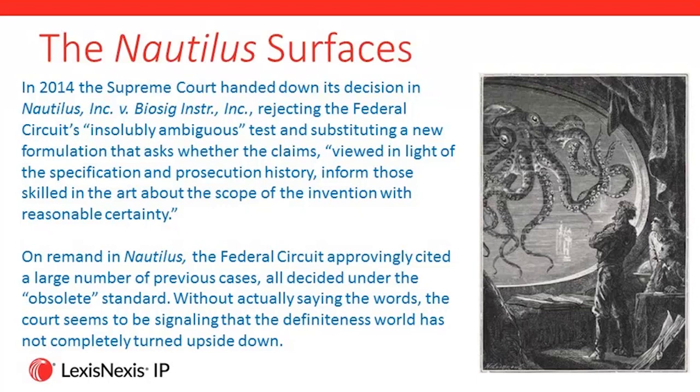So I'm not a fan of the Supreme Court, and everybody probably knows that, but I think they probably got Nautilus correct. And I don't know what's going on with the Federal Circuit sometimes. Sometimes I scratch my head. Are you doing the same thing, Joe?